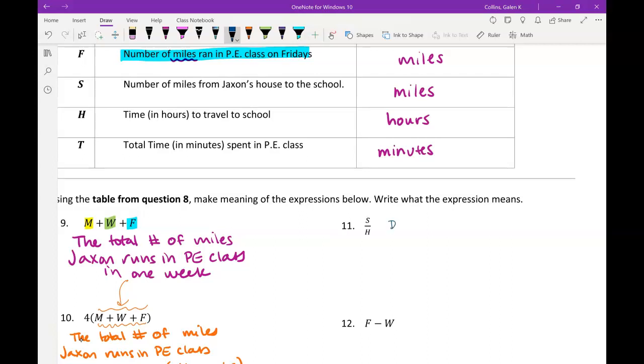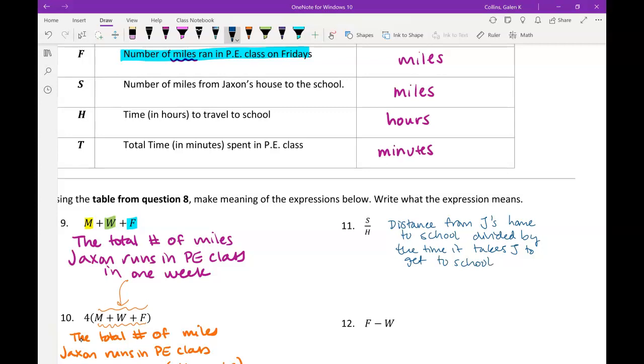So we could say this is the distance from Jackson's, I'm just going to write J's, home to school, divided by the time it takes him in hours. So divided by the time it takes Jackson to get to school.